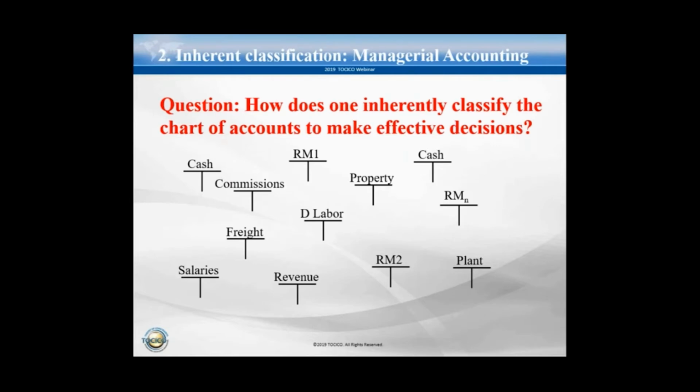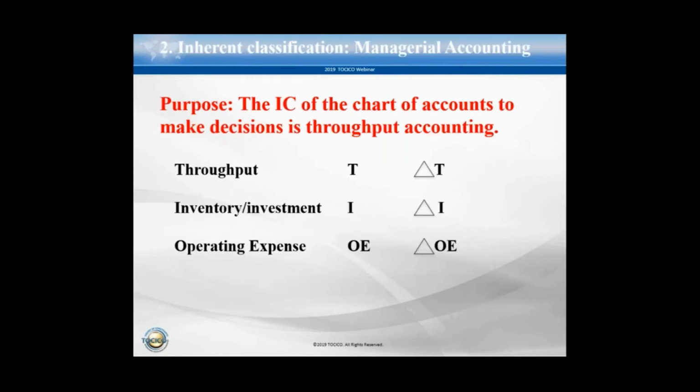How does one inherently classify the chart of accounts to make effective decisions? We can go through highly sophisticated accounting processes to make decisions, or Goldratt classified these charts of account into throughput, inventory, and operating expense.